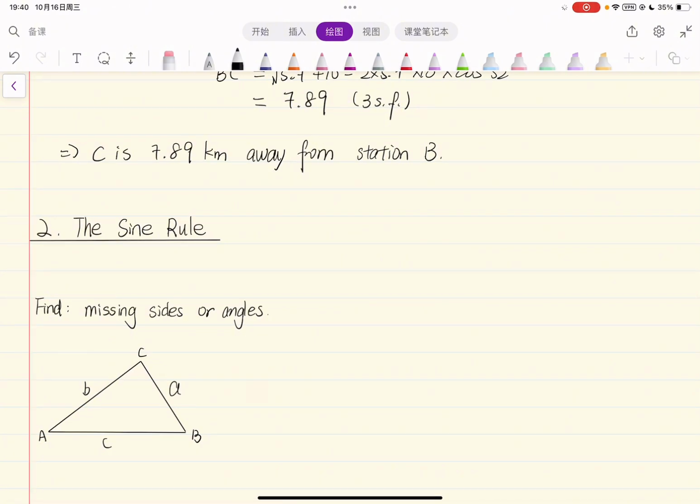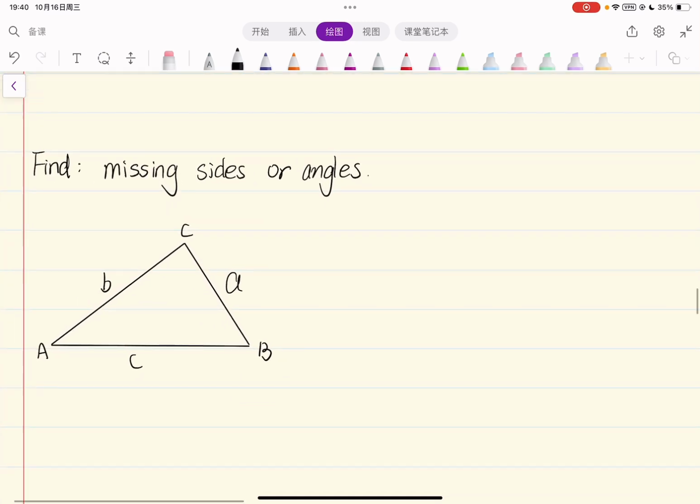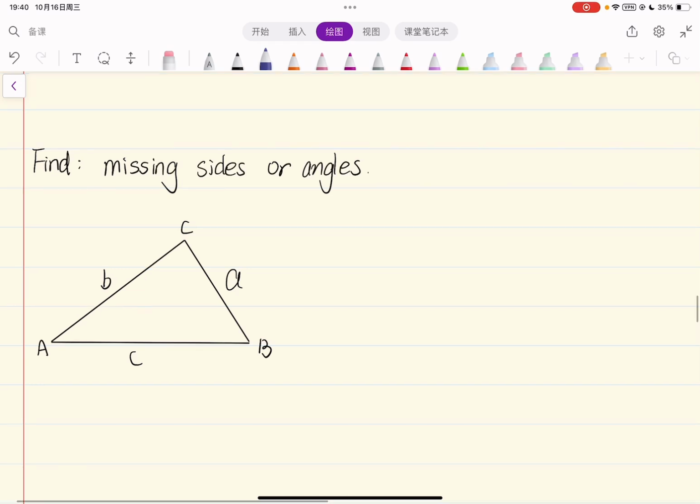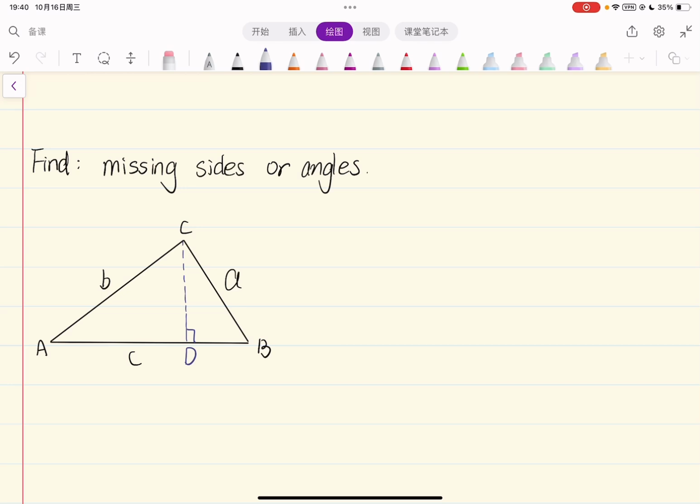Similarly, we have a triangle ABC and we have the length of them, that is AC equals to B, BC equals to A, and AB equals to C. Similarly, we draw a perpendicular line from C to the line AB, we call that D, and the height of that we say is H1.